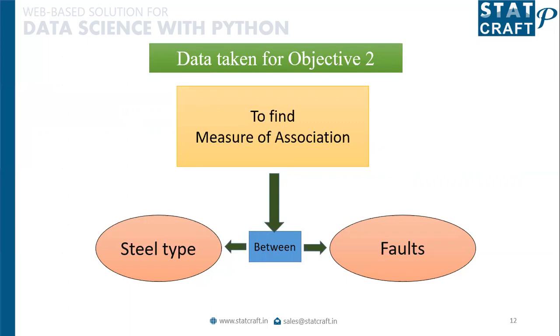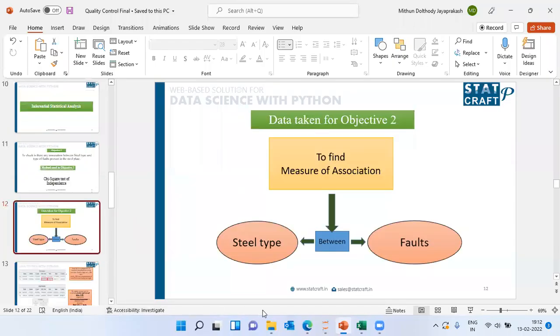This is a simple test that we use in statistics, and the goal of chi-square is to find if there is a relationship between two categorical variables. Remember, steel type is a categorical variable. The variable faults is also a categorical variable. We are interested in finding out the relationship between these two categorical variables. How do we perform the chi-square? To see how the chi-square test is done, let me take you to StatCraft.